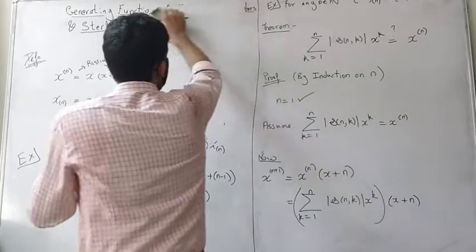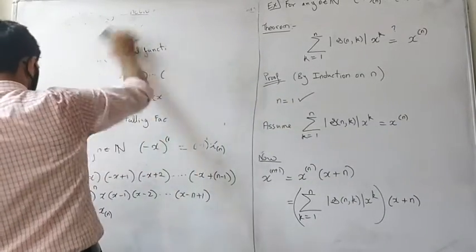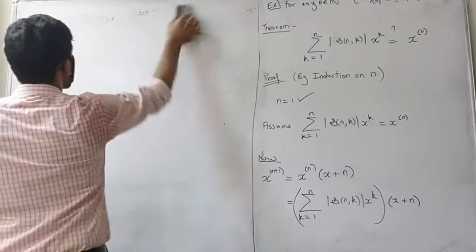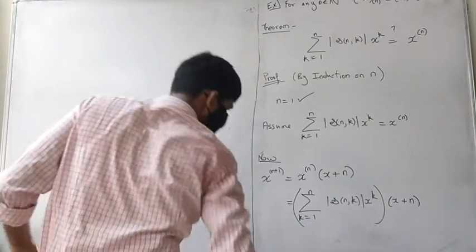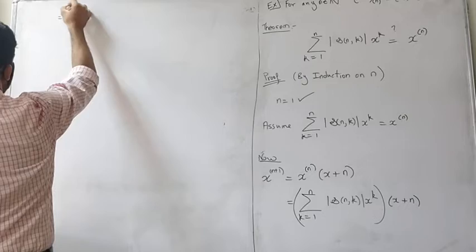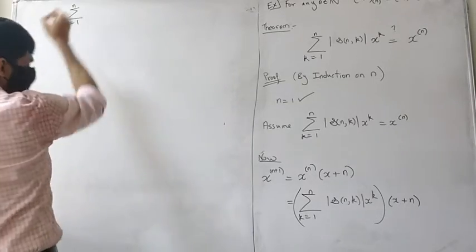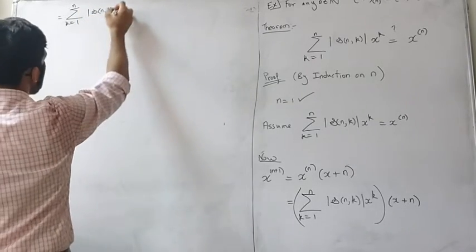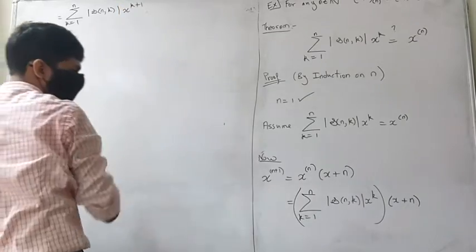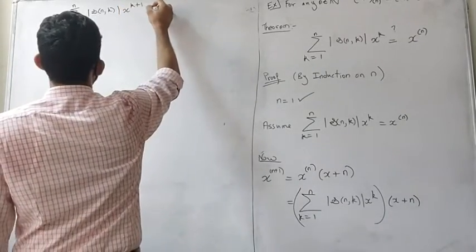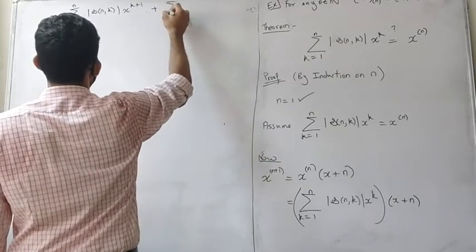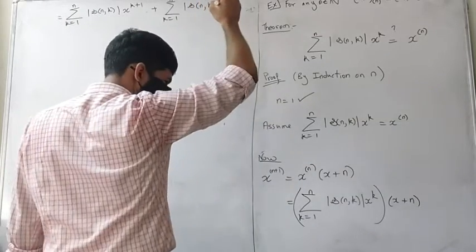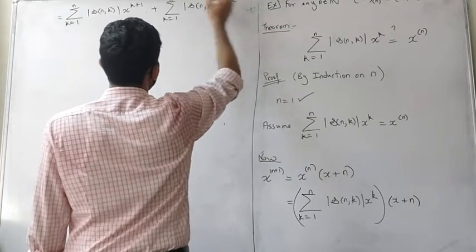And we get, if we multiply that, summation k going from 1 to n of |S(n,k)| x^(k+1), plus summation k going from 1 to n of |S(n,k)| x^k, n times.